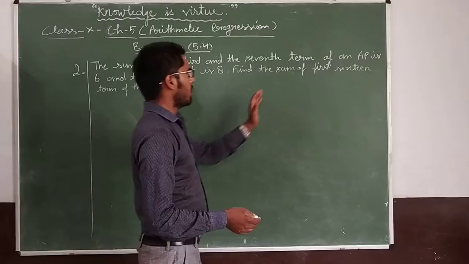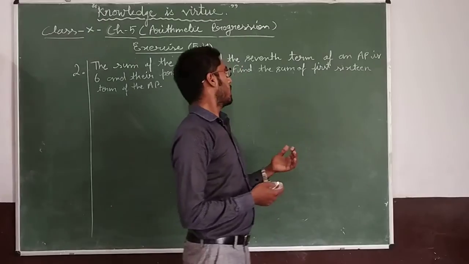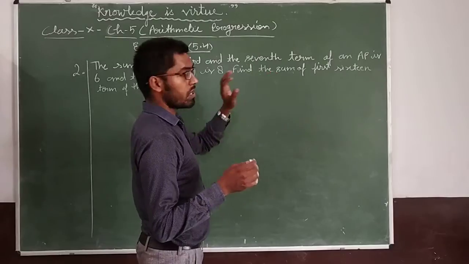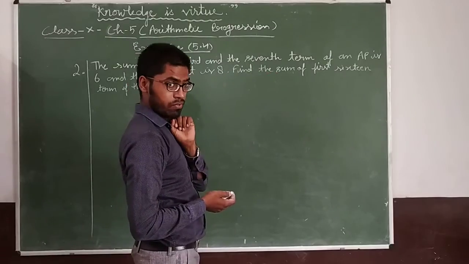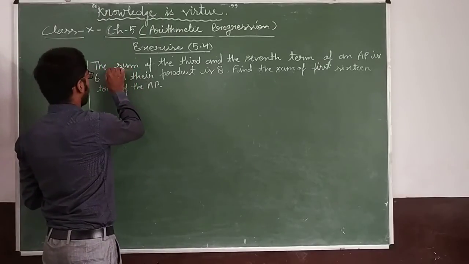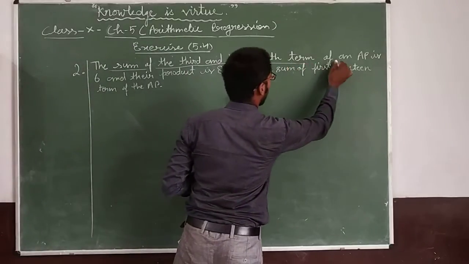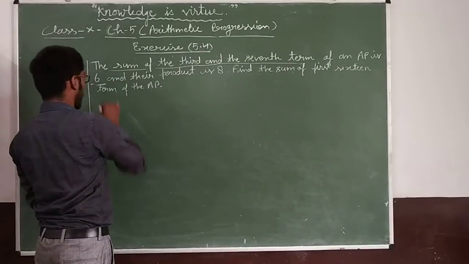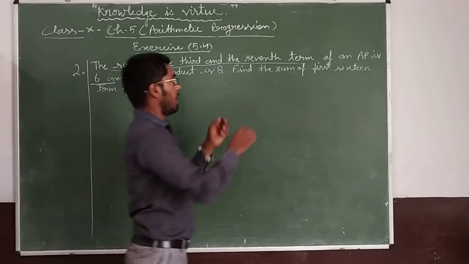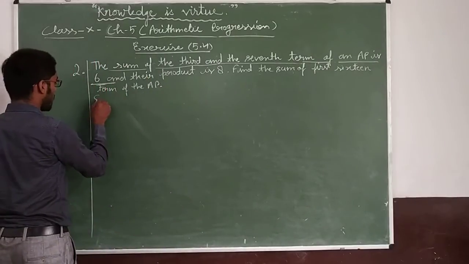Before finding the sum of 16 terms, the first term and common difference are missing, so first you have to find them. From the condition that the sum of the third and seventh term is 6, first find your equation.